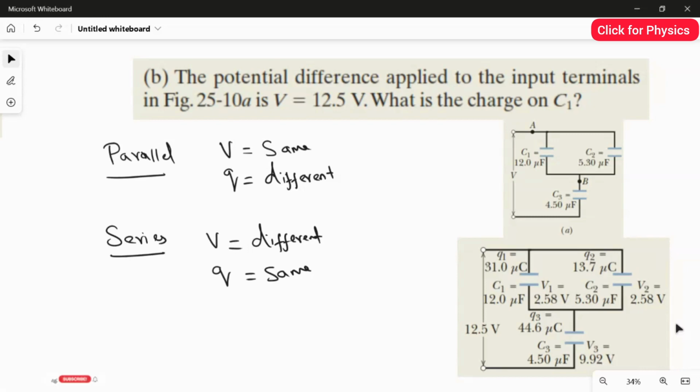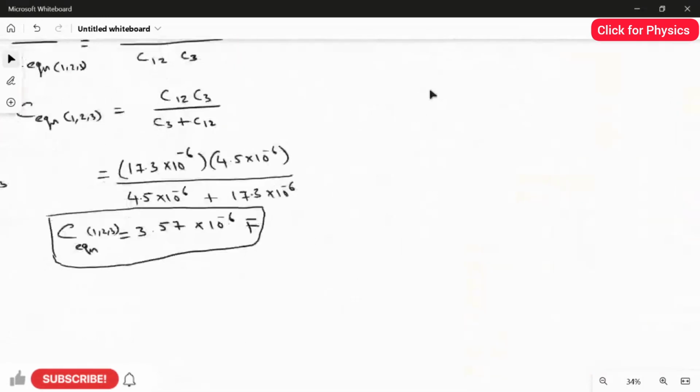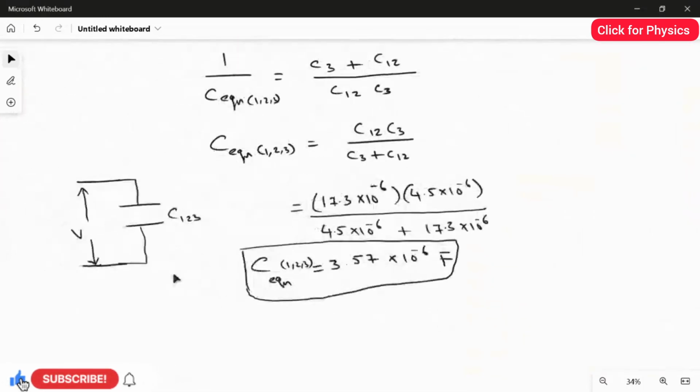Now I'm going to take the answer we found in the first part. If you have the total capacitance of these three combination, we must know what the charge is here. If this is C123, what is the value of the combination's charge, Q123?